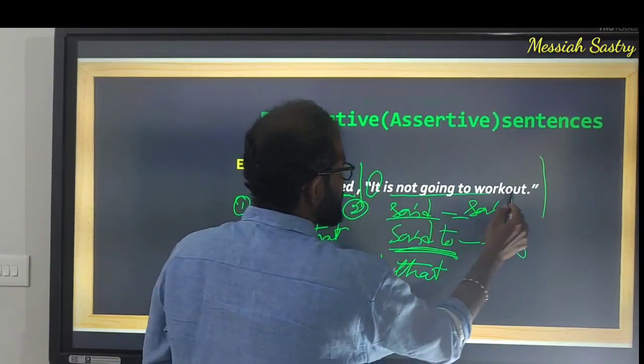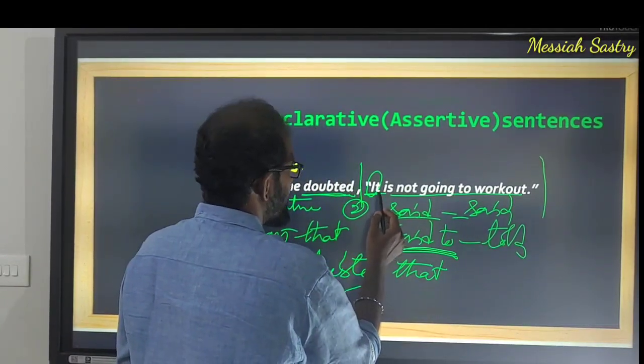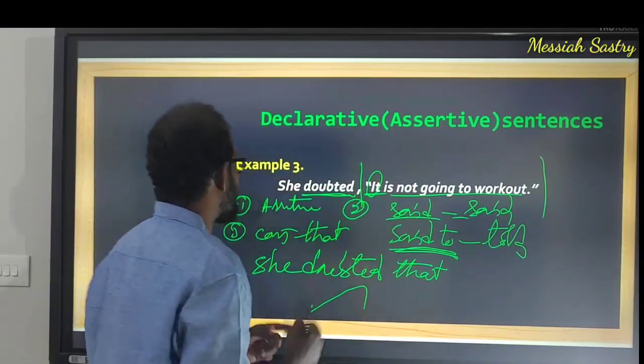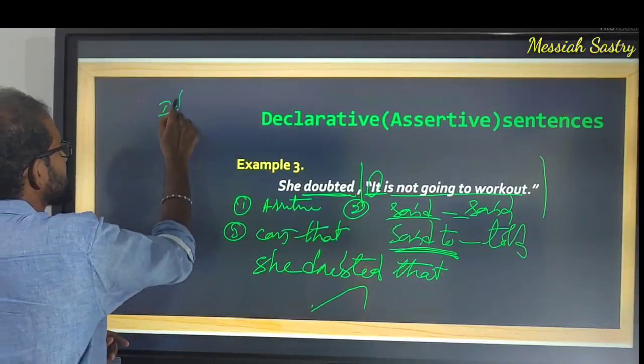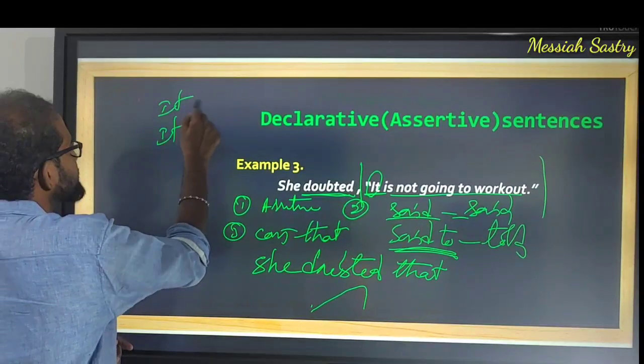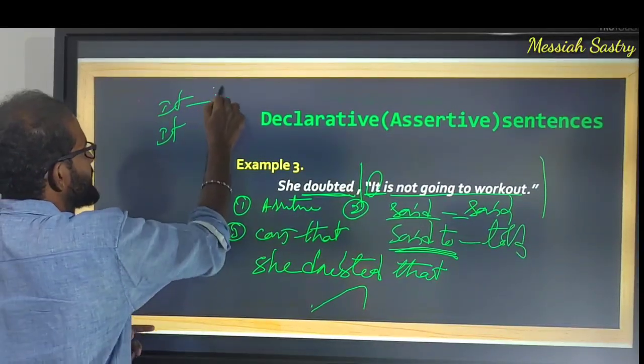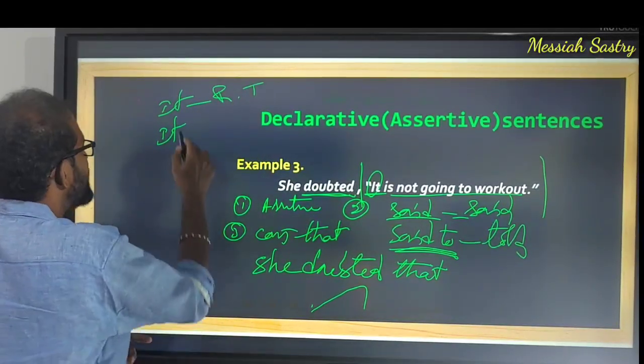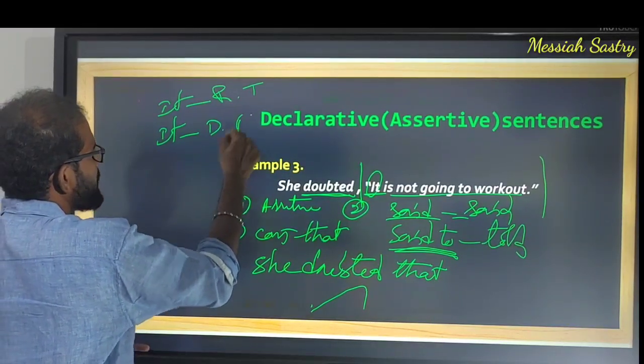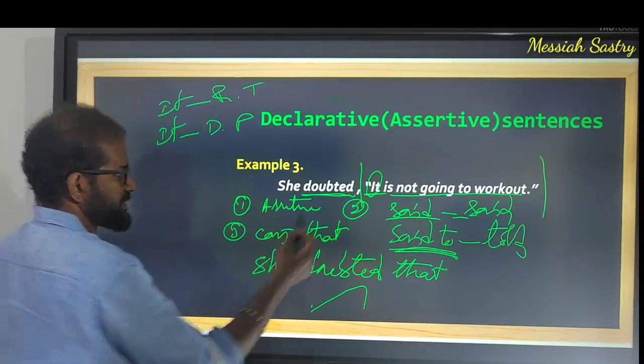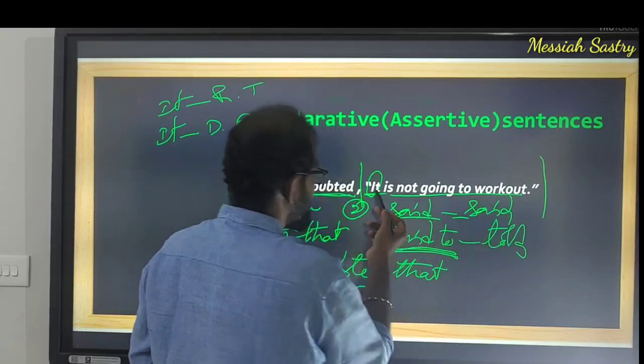It is not going to work. "It": does it refer to a thing or not? Remember, it has two functions. It refers to a thing, or it is a dummy or prop. Let us take this: "It is not going to work out." Is it referring to a thing or is it a dummy?